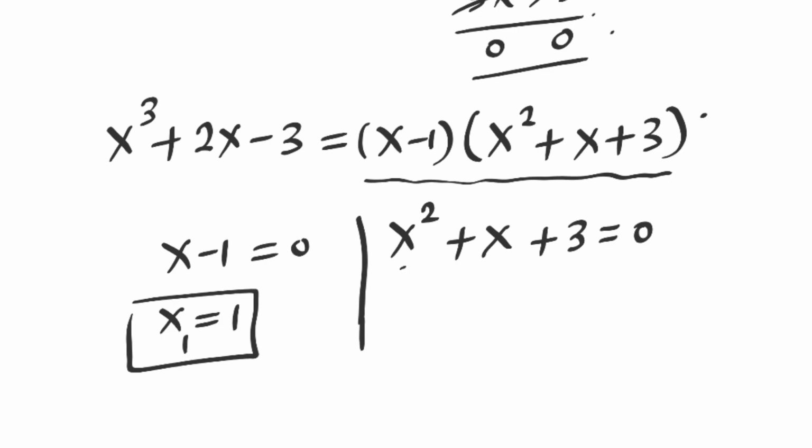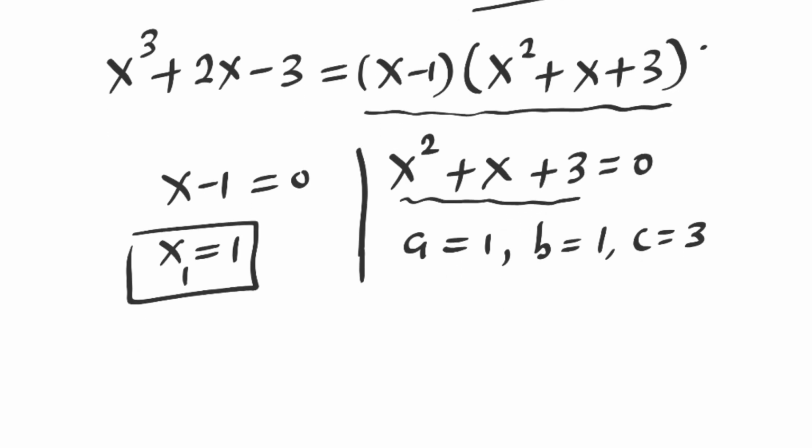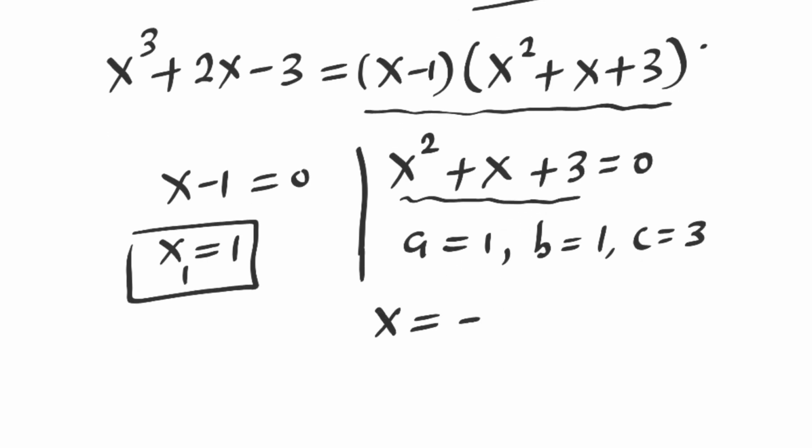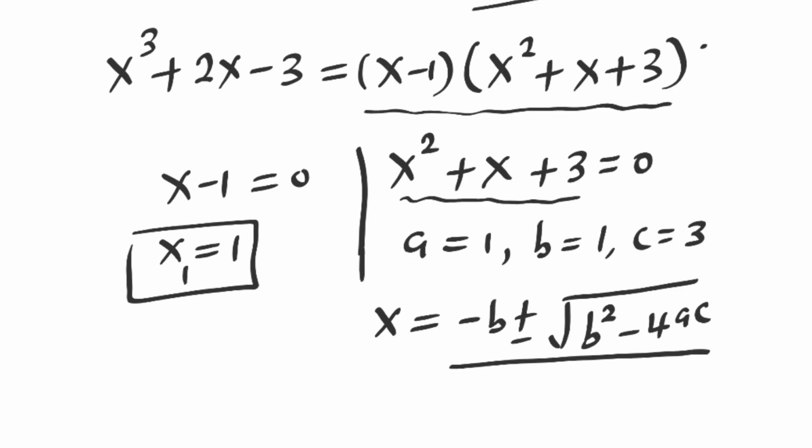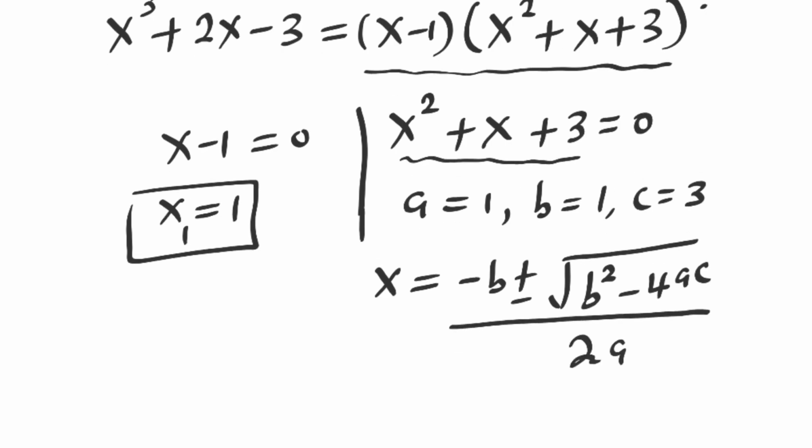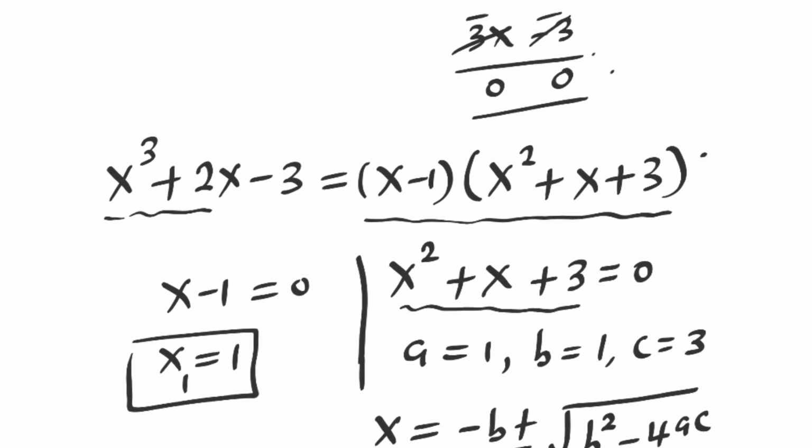Then let us solve this using the quadratic general formula. a is equal to 1, b is equal to 1, and c is equal to 3. x is equal to -b plus or minus the square root of b² - 4ac all over 2a.